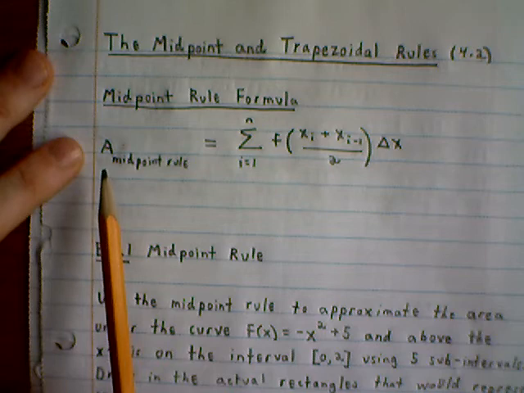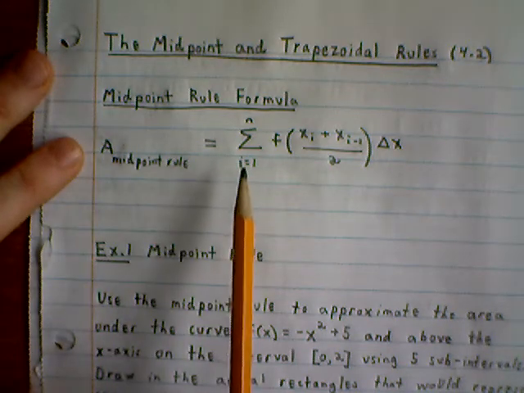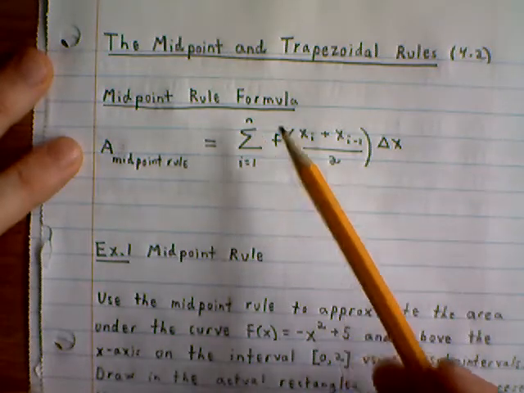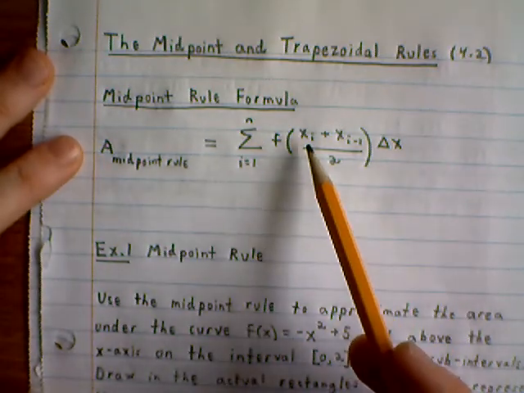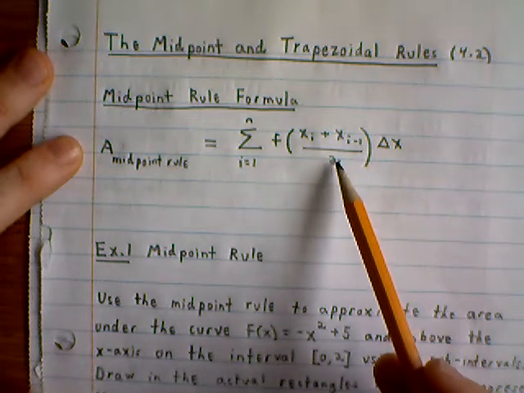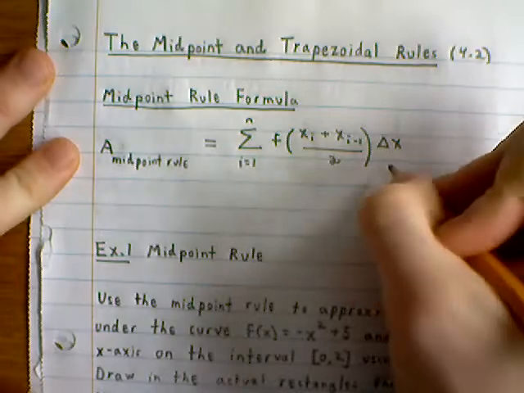The area using the midpoint rule is equal to the summation of i going from 1 to n of f of (x sub i plus x sub i minus 1) over 2, times delta x.